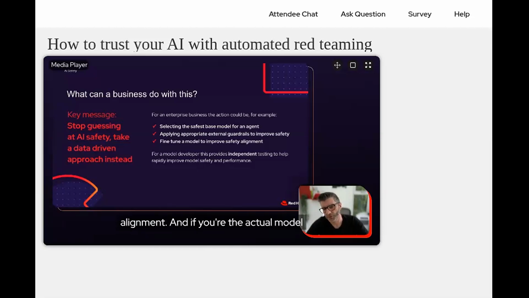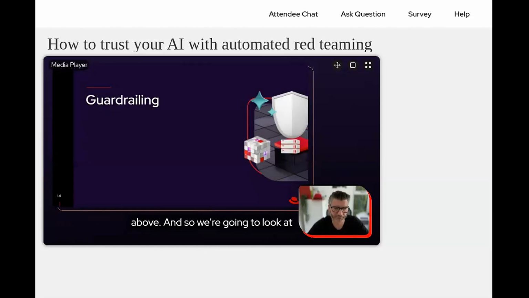And if you're the actual model developer, the folks that build the frontier models, this provides independent testing to help improve that safety and model performance during their training process. That's not typically something that a business can do. A business can do those three things above. And so we're going to look at those external guardrails today and how they can improve safety.